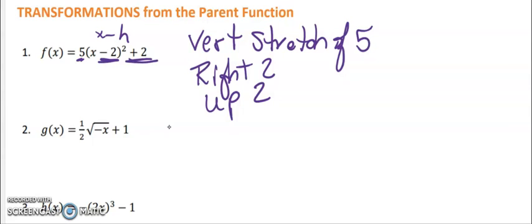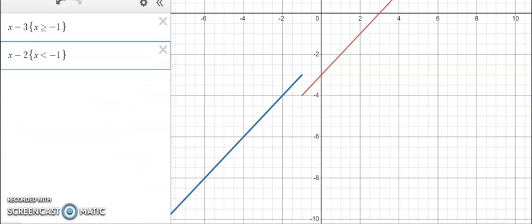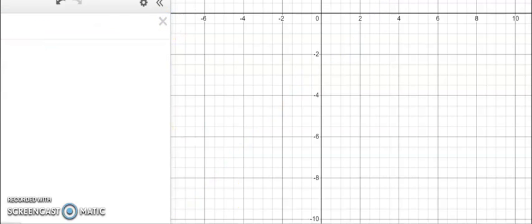Now, you can always use Desmos to do this. We could put in our parent function of y equals x squared, since it's a quadratic. Then we can put in the function they gave us and see how it changed. Okay? So I'm going to try that with Desmos. All right?